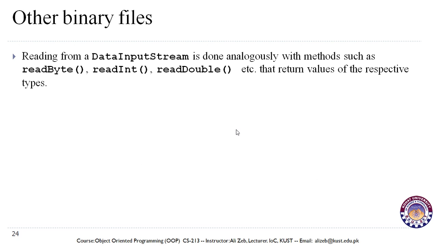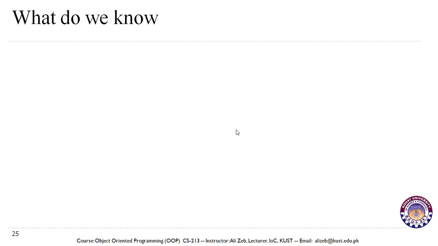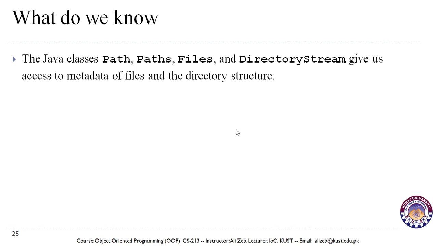Reading from a data input stream is done analogously with methods such as readByte, readInt, readDouble, etc. that return values of the respective types. And what we know so far is that the Java classes Paths, Files, and DirectoryStream give us access to metadata of the files and the directory structure.